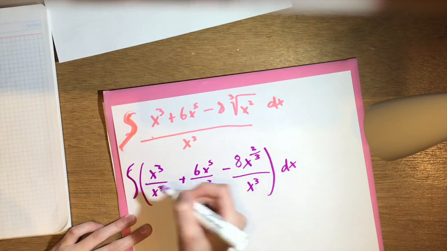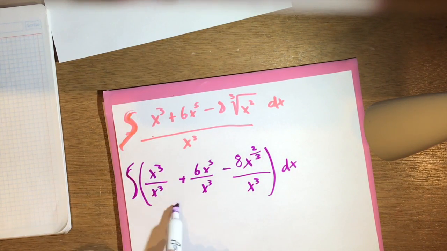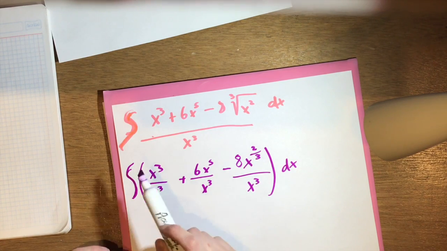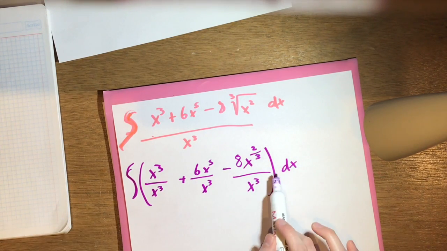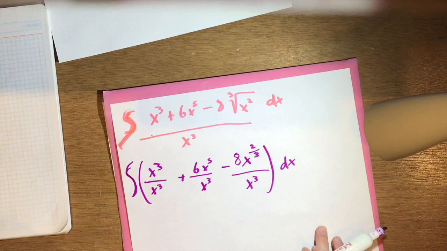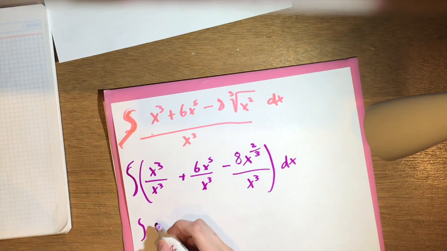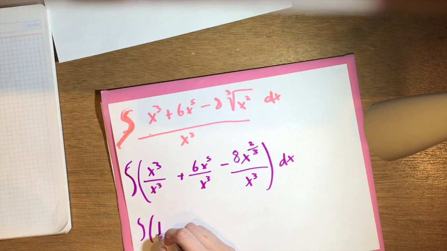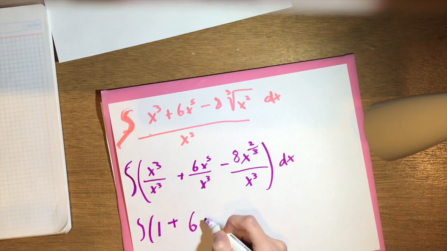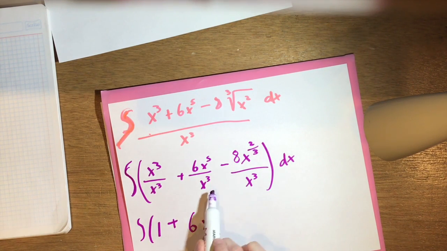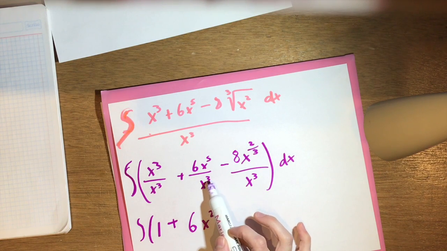So you will put the antiderivative of everything divided by the denominator, and remember to always add dx. Now we're going to simplify. So we will be left with the antiderivative of 1, since this will become 1, times. We are subtracting the exponents here.